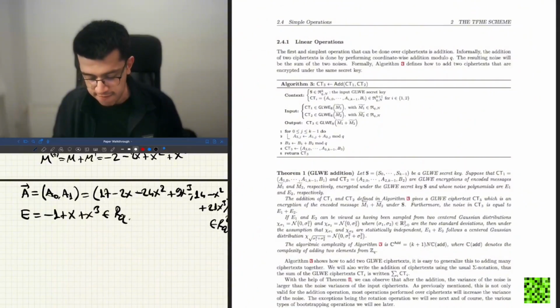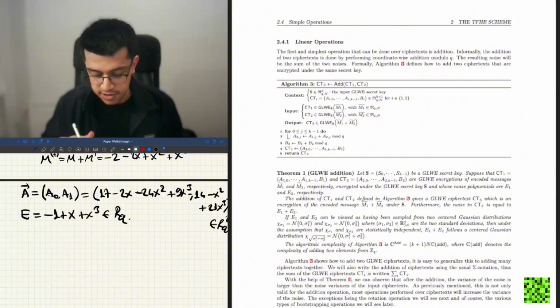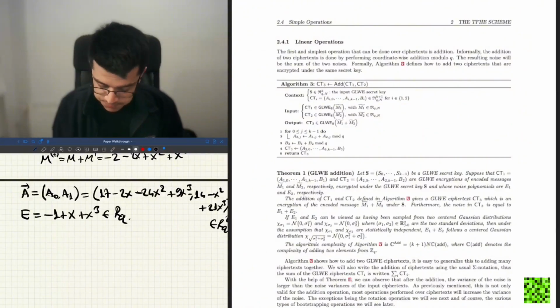Now we have everything we need. So we just need to apply the encryption procedure. But first, maybe we can also determine the corresponding variables for m prime as well.